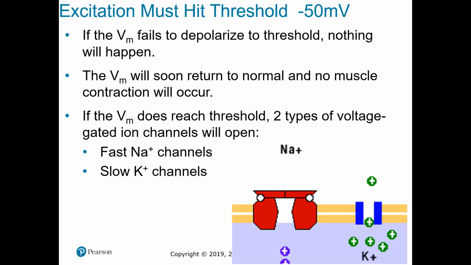Once we go from minus 50 up to plus 30, that's when the sodium gates get to work. But at plus 30, the sodium gates shut down, again because they're voltage gates. At plus 30, the potassium gates open, and they will stay open until we get all the way back down to minus 90. They're not going to be open at the same time.